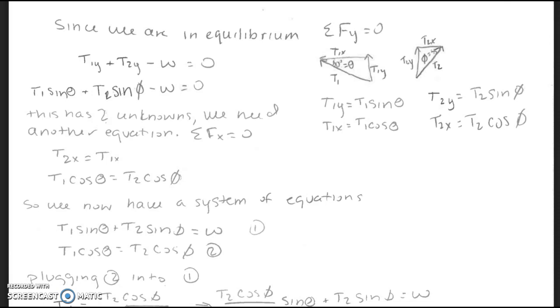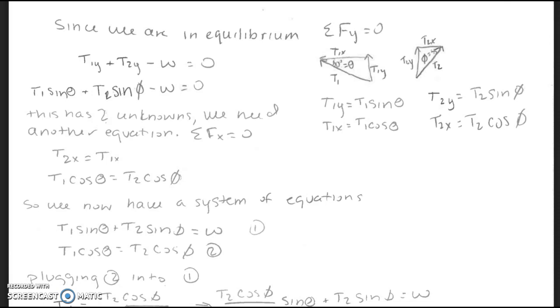So again, we have our 2 tensions being unknown quantities, where one of those eventually will be a known quantity, but nonetheless, we have our system of equations, since we know these angles.